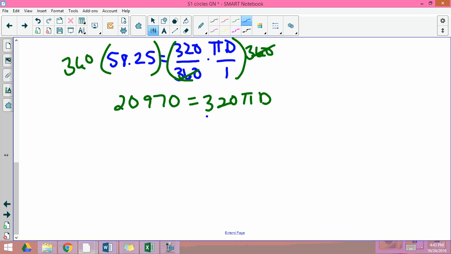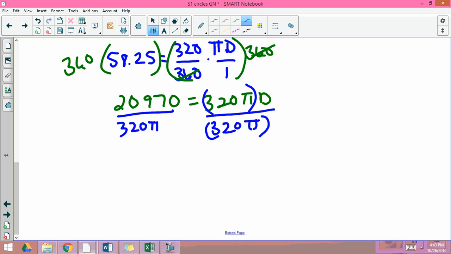Now you can divide both sides by 320 pi. Make sure you treat it as a single number and don't make an order of operations error. So our diameter ends up being 20.86, which means our radius is 10.43.